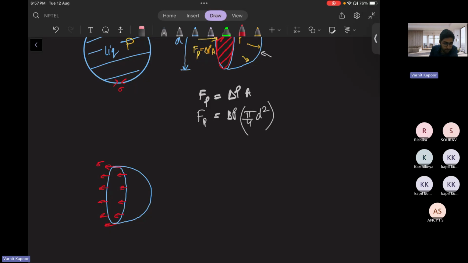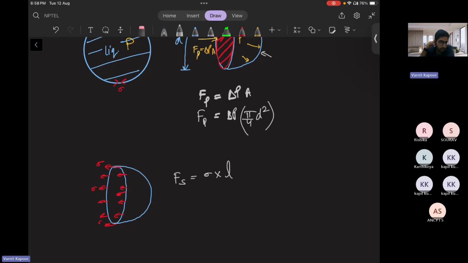That is sigma, sigma, sigma, sigma. This is the surface tension force. What will be the surface tension force? Fs, that is surface tension coefficient sigma into length L.